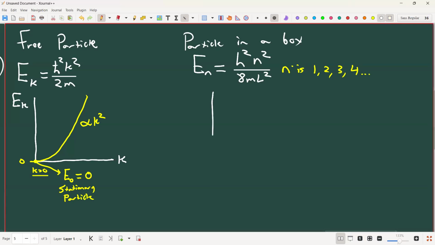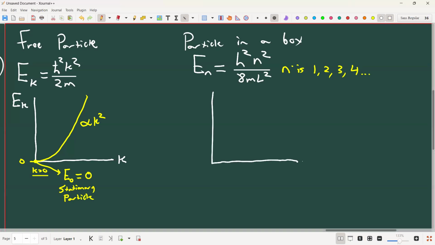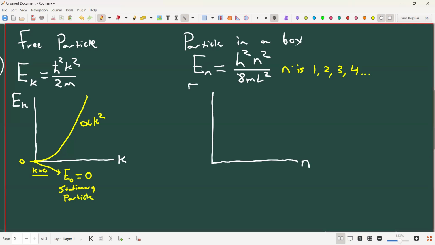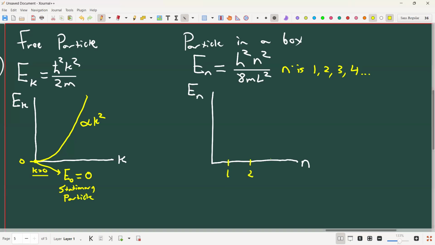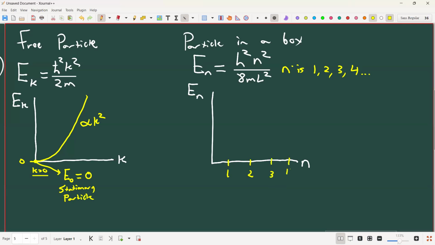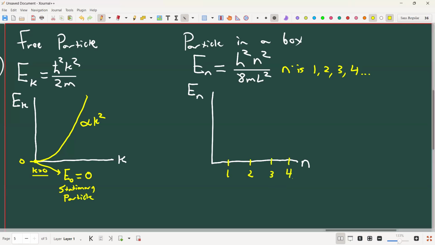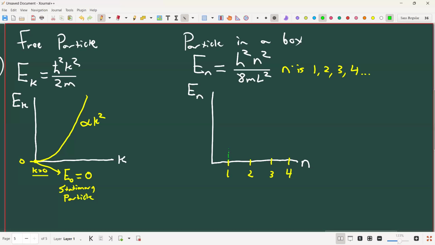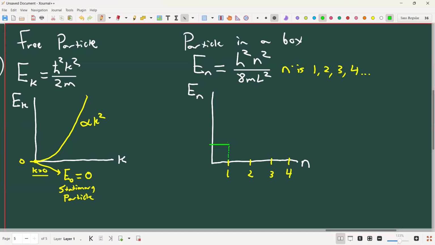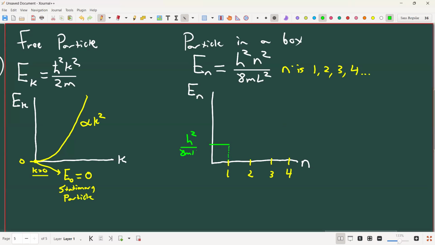So when we draw our energy spectrum, we need to first mark the values that are allowed: 1, 2, 3, 4, and so on. And each one of them is going to have an energy. So E1 has an energy of, let's say, h squared over 8ml squared.